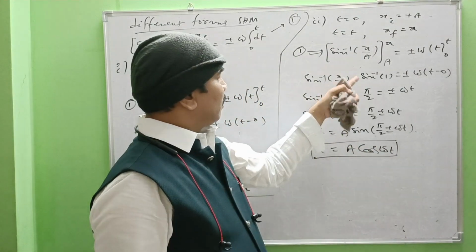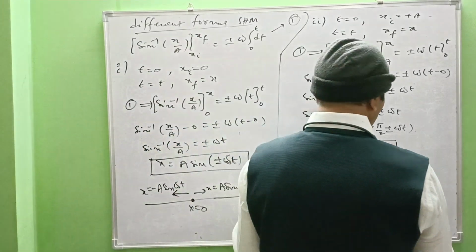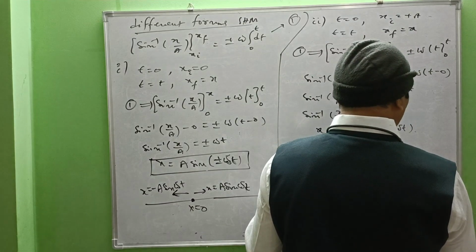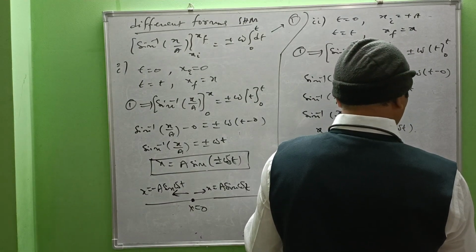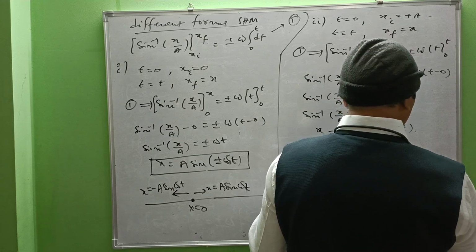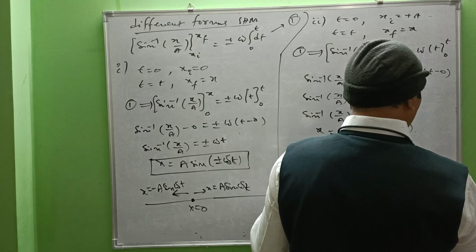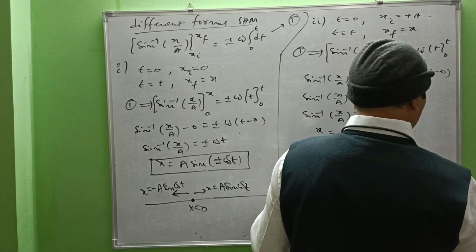So this is the valid expression when the particle is initially found at the positive, that is the right extreme position. That is x = +a at t = 0.